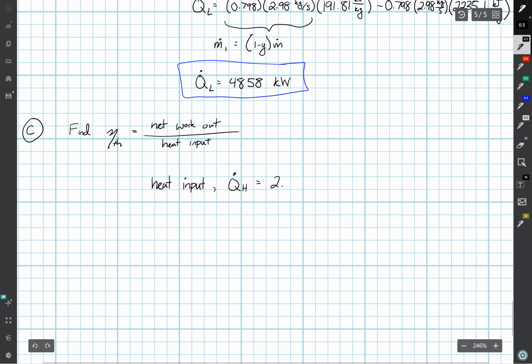So the mass flow rate, 2.98 kilograms per second, times that specific heat transfer, which is 3285.6 kilojoules per kilogram. That gives us a total heat rate in the boiler of about 9790 kilowatts.